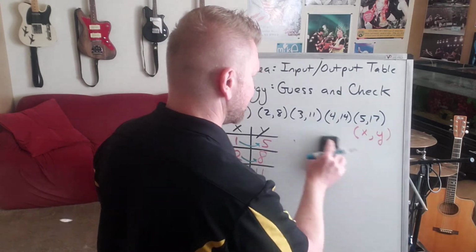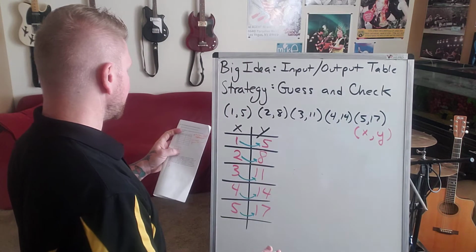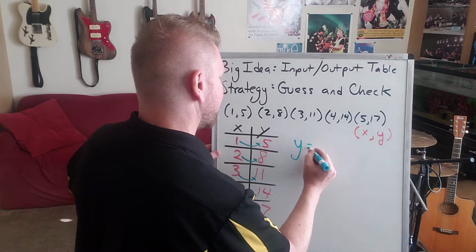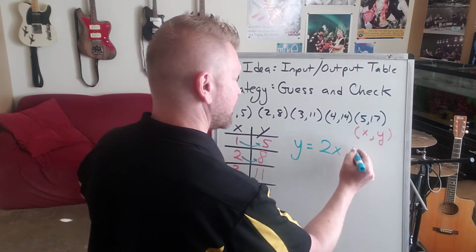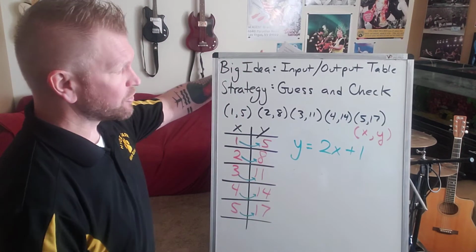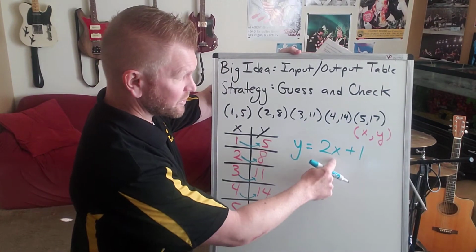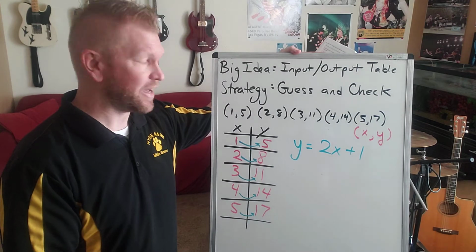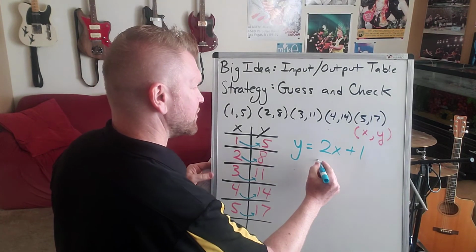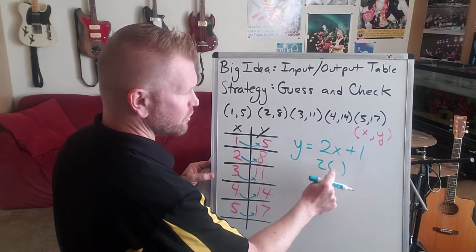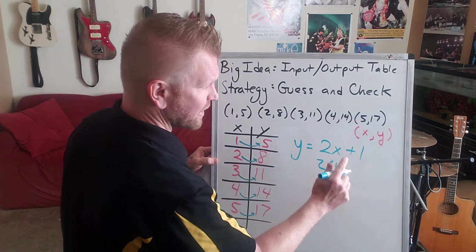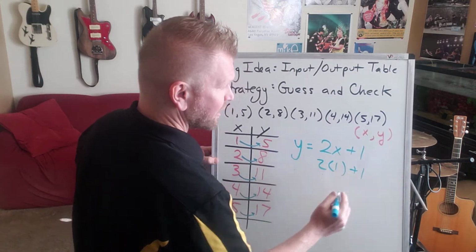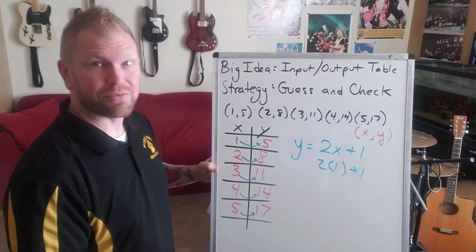Okay, so let's guess the next relationship. And the equation says y equals 2x plus 1. Now it's important to understand that when it says 2x, that means 2 times the x value. So to test this, we'll do 2 times the x number, which again we're going to use 1. And then after that, we'll add 1. Now, if this equals 5, maybe we're on to something.